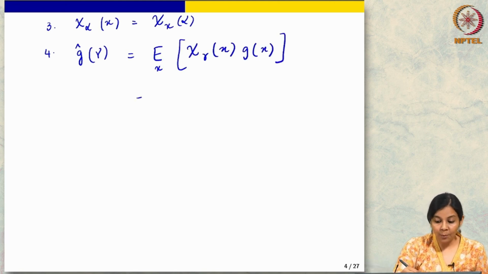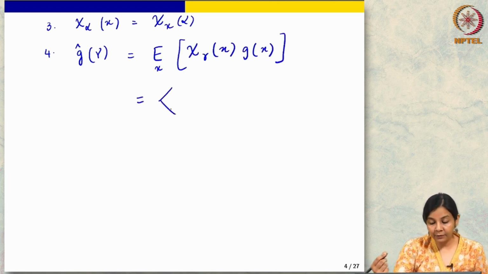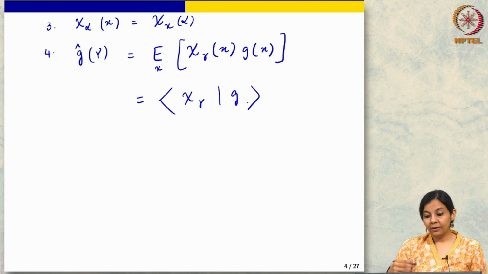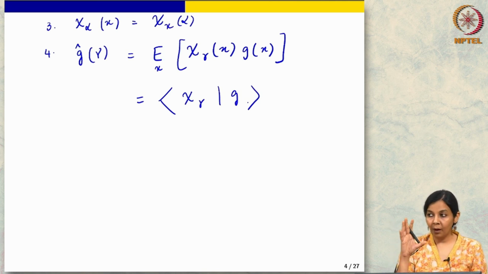And more generally, a nice way to see this is that this is the inner product of chi gamma and G. This is a nice way to remember what these coefficients look like.